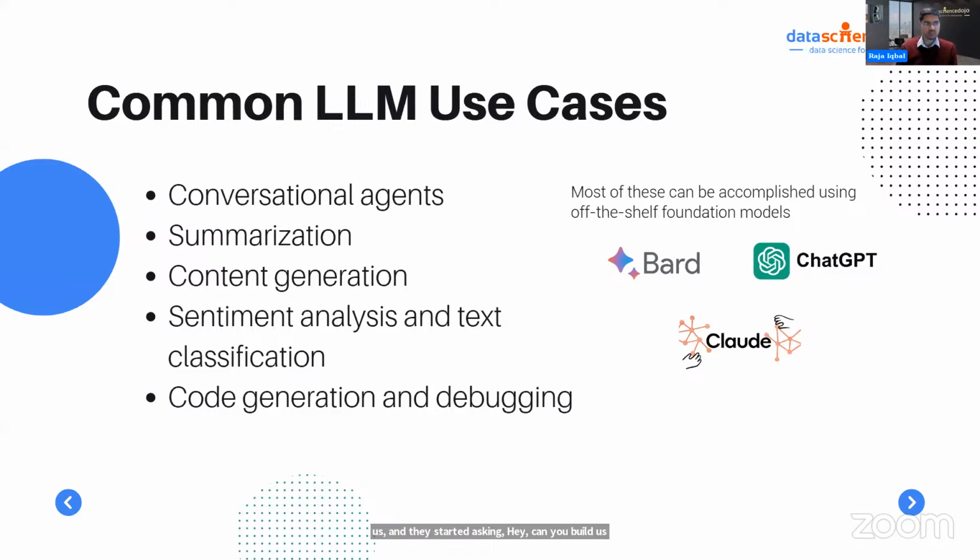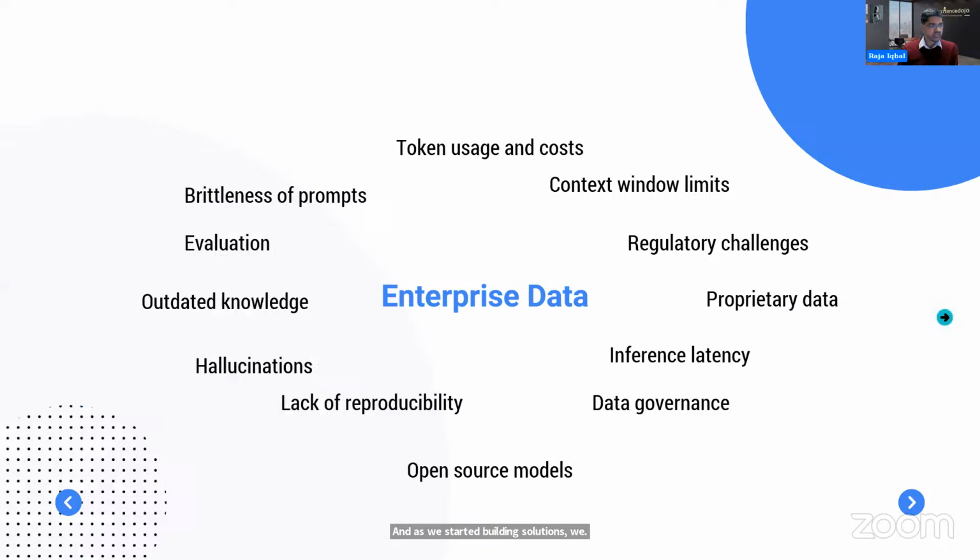As we started building solutions, we realized that building a model that works on a single PDF or a bunch of PDFs, text documents or Word documents may sound very easy, but I call it deceptively easy. When we started deploying things for real customers, we realized that costs would be a concern.